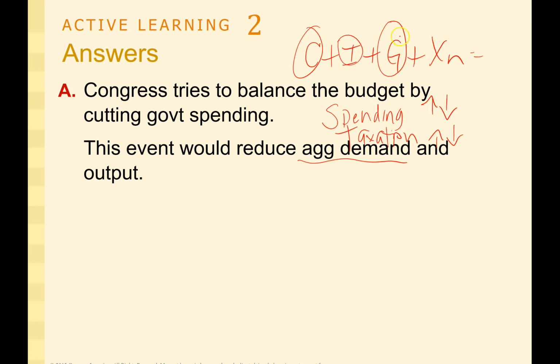Now, I know a lot of you are saying, wait a minute, taxation has to do with government revenues. One thing to keep in mind is that when we look at the G portion of aggregate demand, we're only looking at government expenditures, not necessarily the revenues connected to taxation. That might at first bother you a little bit, but I think you can make sense of it.